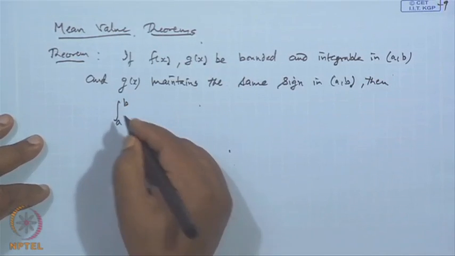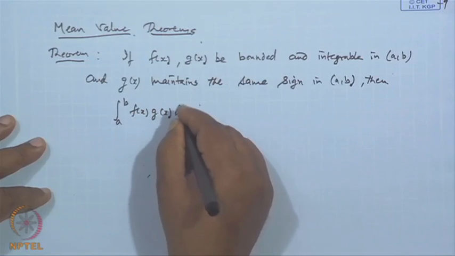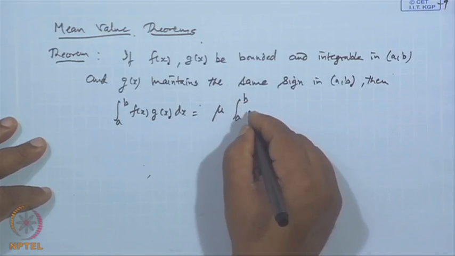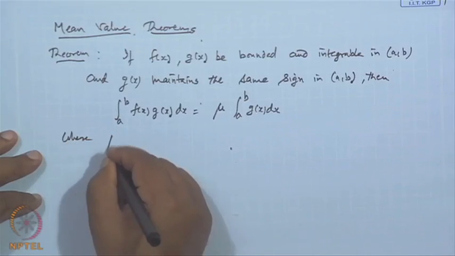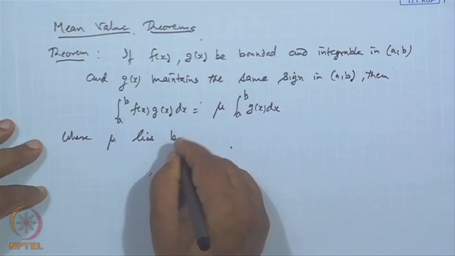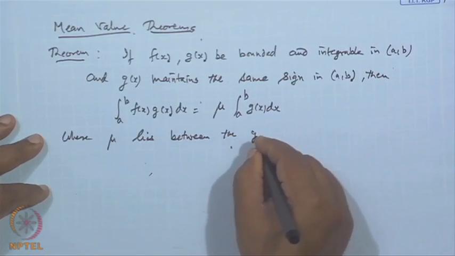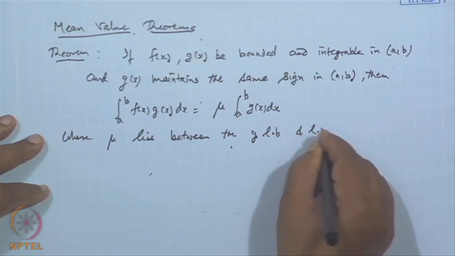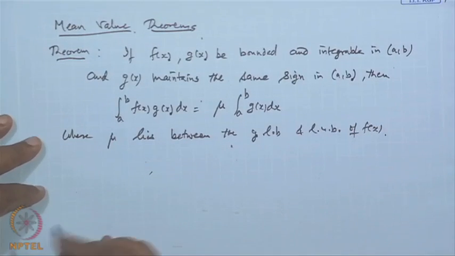integral a to b f x g x dx is mu times integral a to b g x dx, where mu lies between the greatest lower bound and least upper bound of the function f x. Okay.